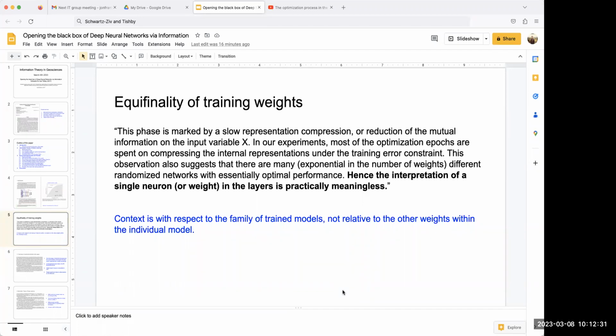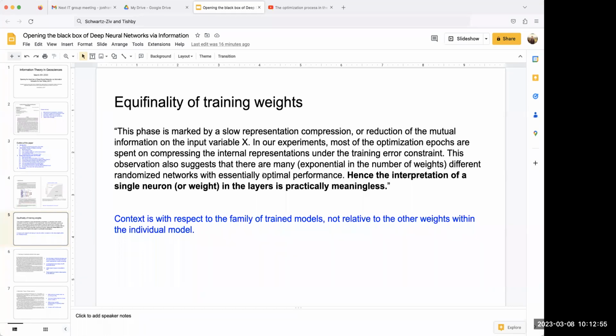If you train a model to represent a hydrologic process, each one of those neurons might represent the hydrological regime, or at least there's evidence that that might be the case. But that's on any individual model, and that is with respect to the other neurons in the individual models.